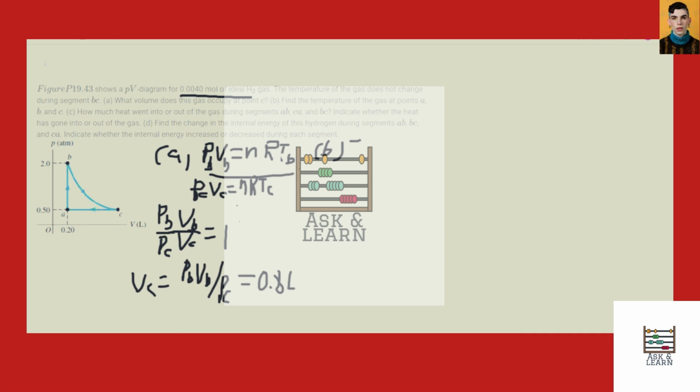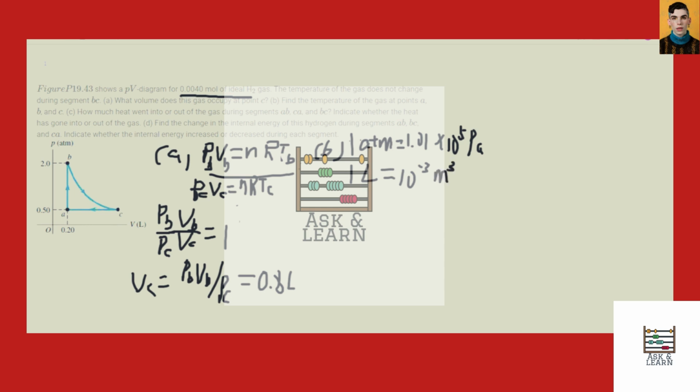But remember to transfer the unit into the standard unit. 1 atmosphere equals 1.01 times 10 to the fifth Pascal, and 1 liter is 10 to the negative 3 meters cubed.